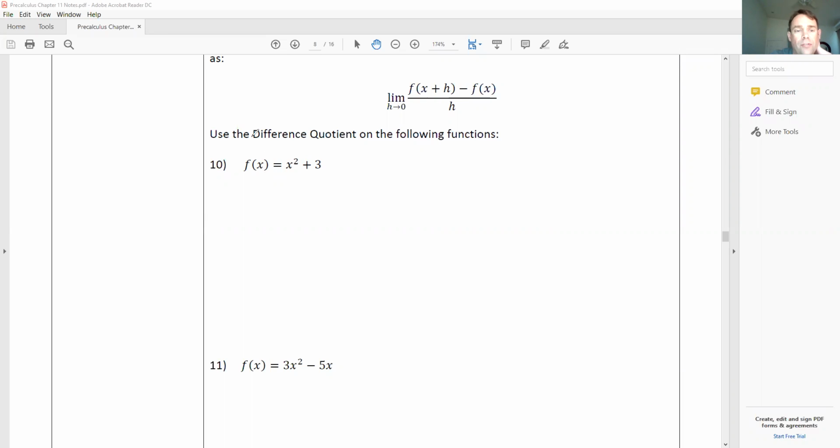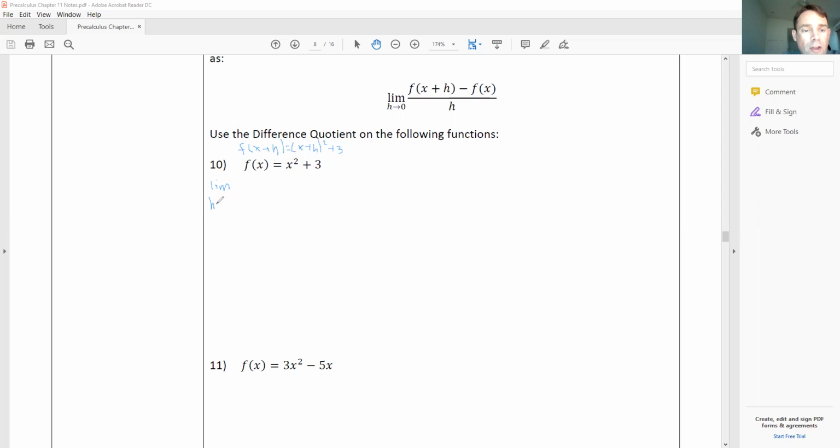We know what f of x is. What we really need to know is what is f of x plus h. So when I do this f of x plus h, what I'm really doing is wherever I see that x, I'm going to plug in x plus h. So I don't want you to get too terribly lost along the way. When you see that x plus h, that's what I'm going to be eventually doing. So we're going to use this difference quotient to evaluate a special thing with this function.